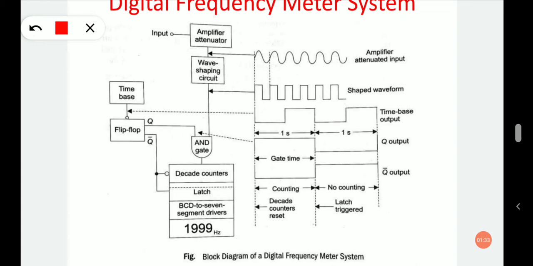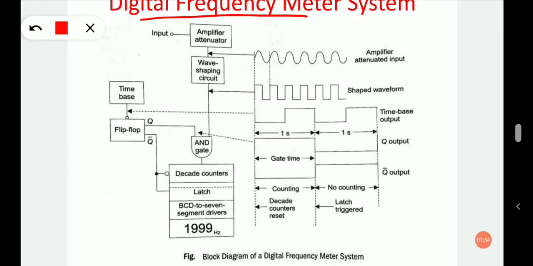An instrument which displays the frequency of a periodic electrical signal is known as the digital frequency meter.